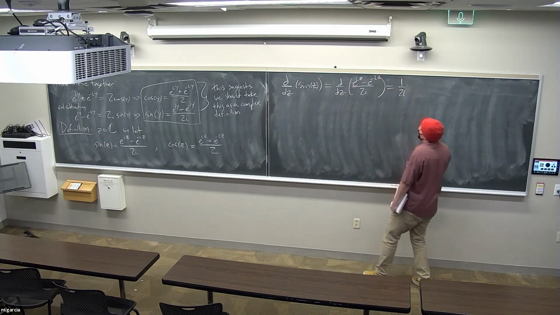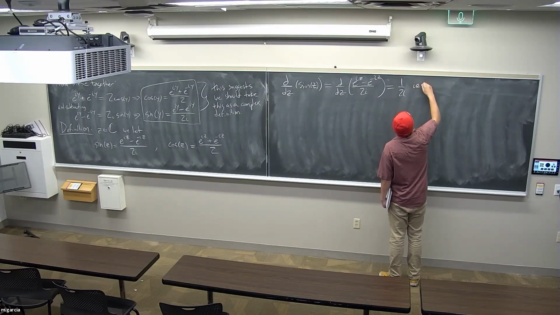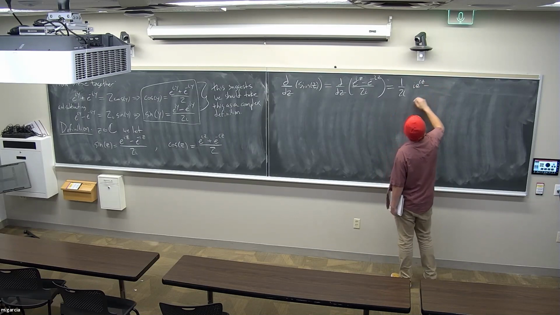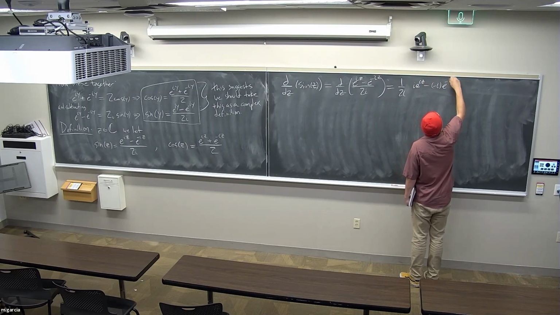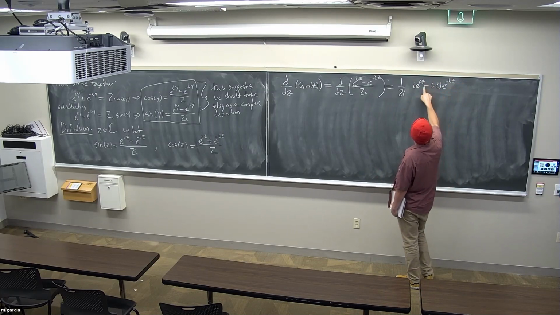The constant comes out, right? The derivative of e to the iz is just i times e to the iz, minus the derivative of e to the negative iz, which is just negative i times e to the negative iz. Our negatives cancel here, we factor out an i.